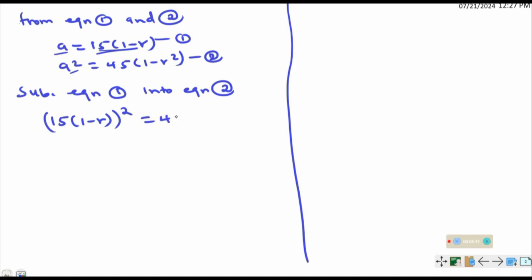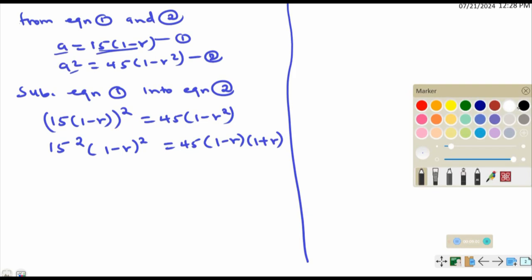It will be equal to 45 into 1 minus r squared. For this case, it means 15 squared into 1 minus r squared will be the same as 45 into 1 minus r into 1 plus r. So that is basically what we are having there.